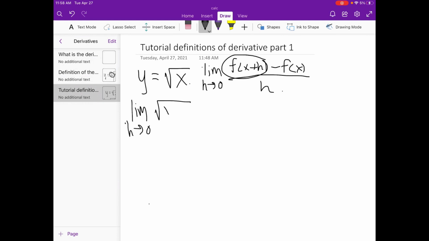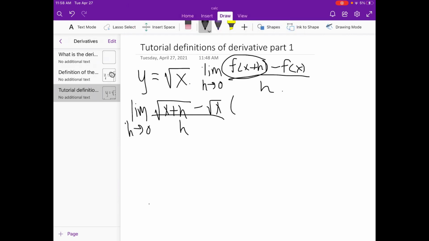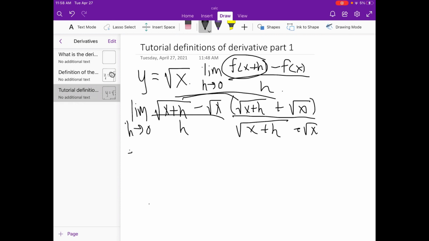So let's write that out. We got the limit as h approaches 0 of root x plus h minus root x all over h. So let's multiply by the conjugate. And so we got, what do we have? We have root x plus h plus root x all over, again, root x plus h plus root x.